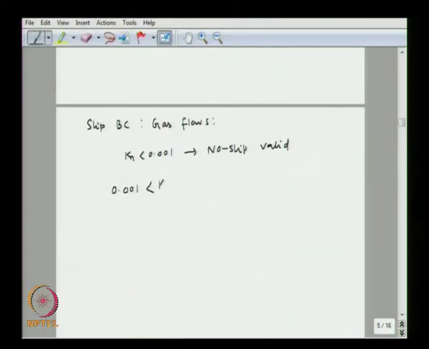Between 0.001 and 0.1, 0.001 less than Knudsen number less than 0.1, we need a slip theory.